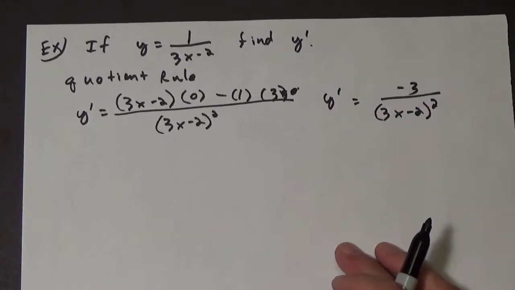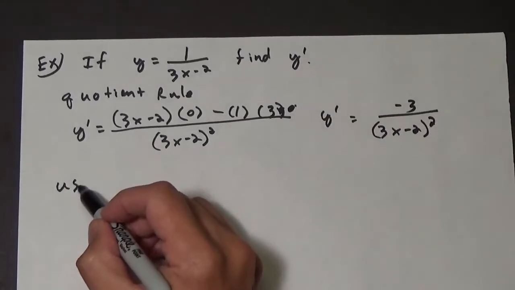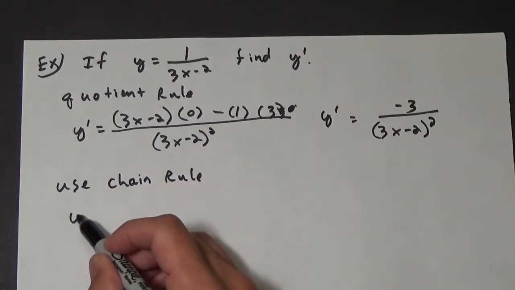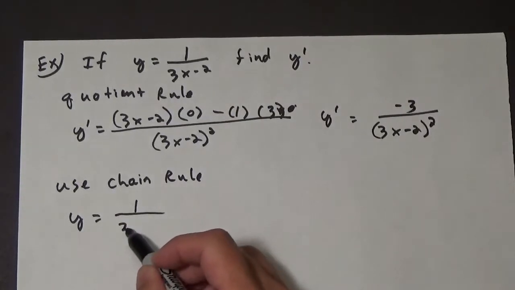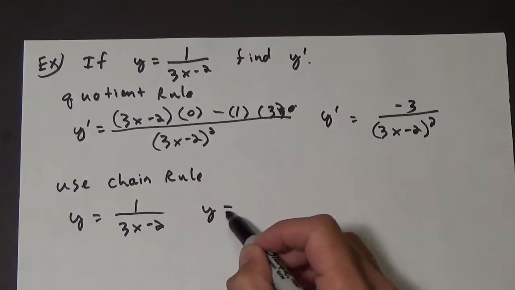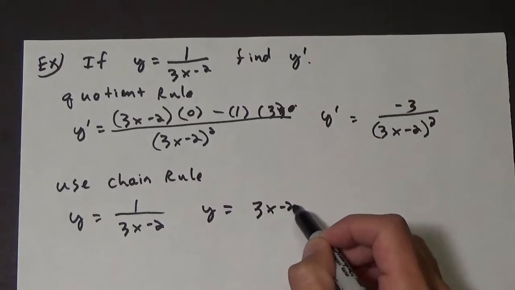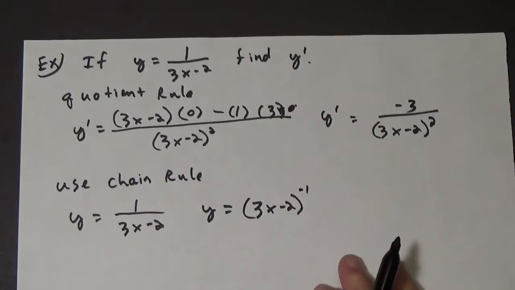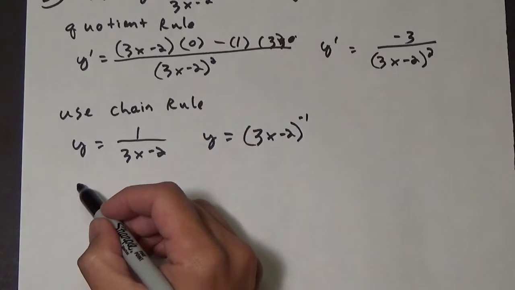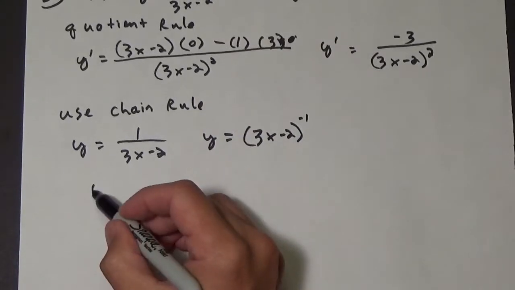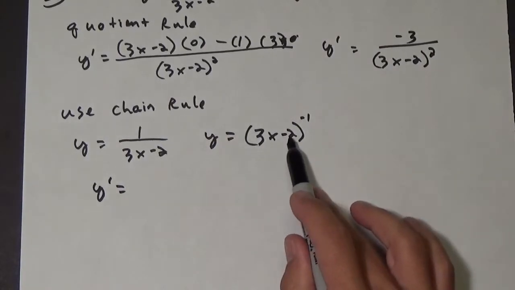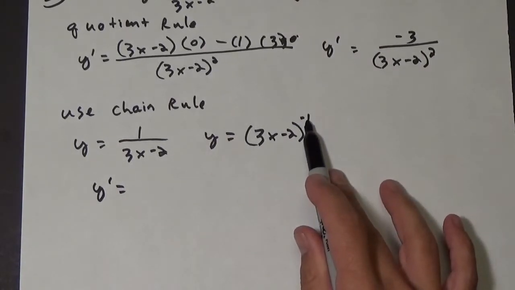Okay, so now let's use the chain rule. If y equals 1 over 3x minus 2, we can rewrite this to be y equals 3x minus 2 to the negative 1 power. So then y prime: because this is a chain rule, the inside part is 3x minus 2, the outside part is to the negative 1.